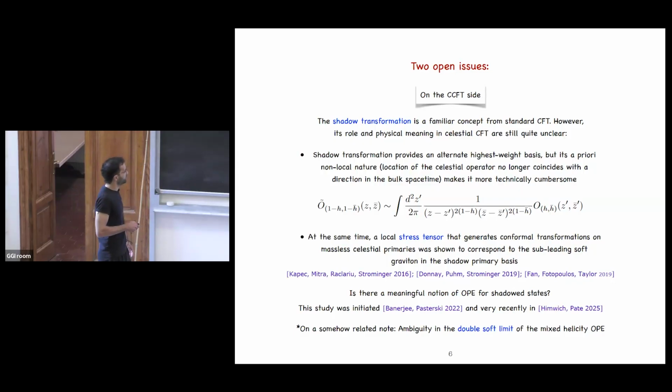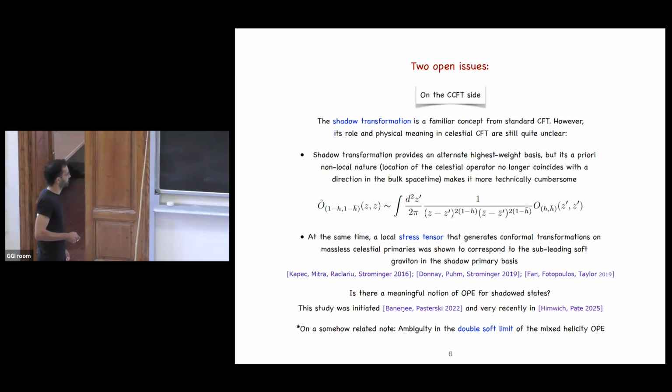That very much resonated with me because, as I will tell you in a bit, the shadow states appear in a very surprising way when we move to the next open issue. Also, somehow related to this notion of OPE for shadow states is the notion of double soft limit in the mixed helicity sector.